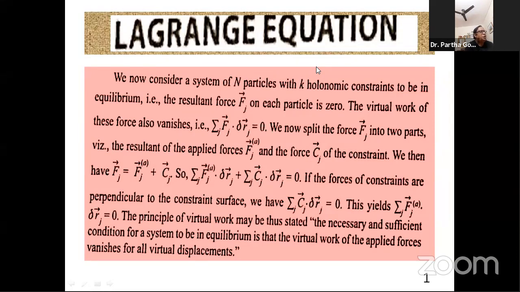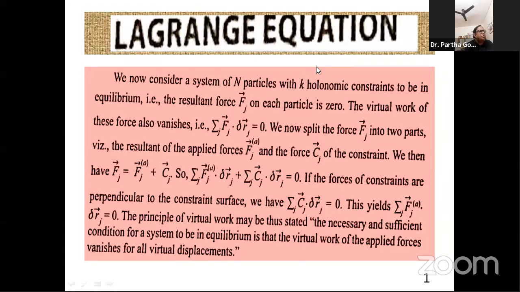Before we discuss the Euler Lagrange equation, by the way, we all know that Euler and Lagrange were very famous mathematicians of the 18th century, and their contribution to mathematics is enormous.